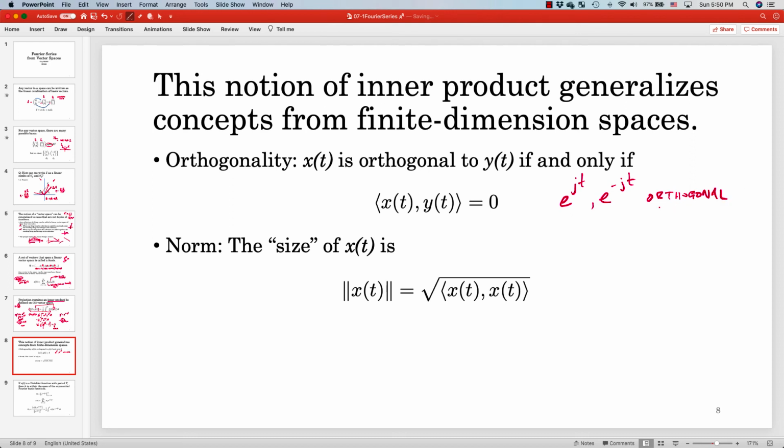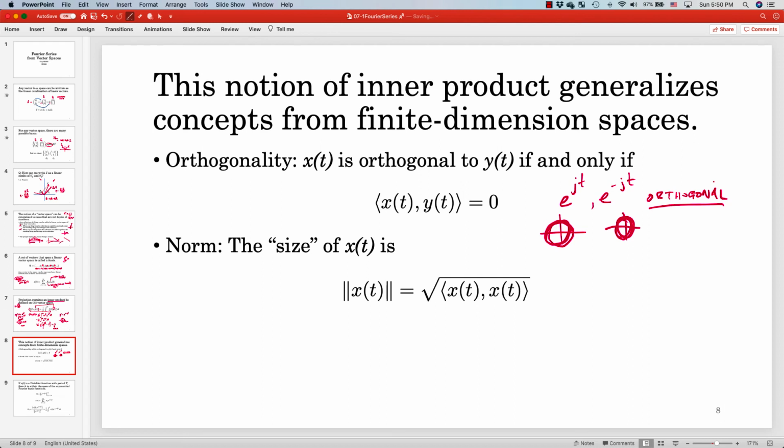Now it is important to realize that we're no longer talking about perpendicular things, primarily because both of these look like very similar functions. They both look like circles. Here's e to the jt, and here's e to the minus jt. There's nothing perpendicular about these two graphs, but from a functional analysis sense, these two functions are orthogonal because their inner product is 0.